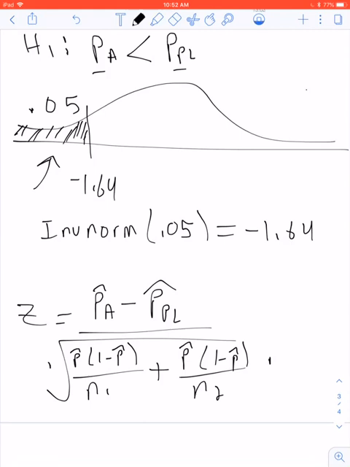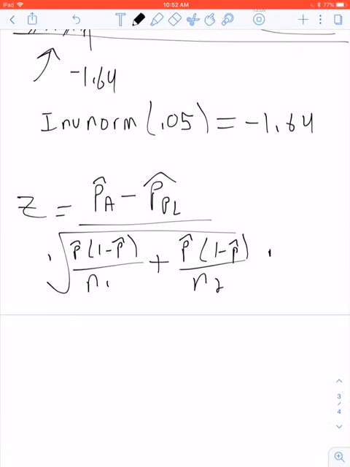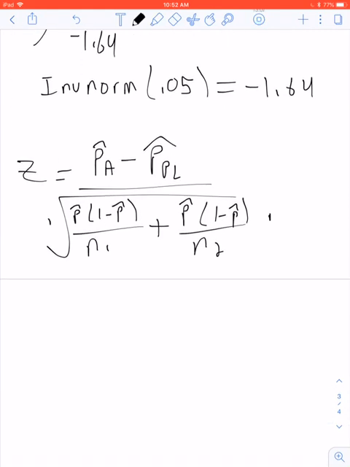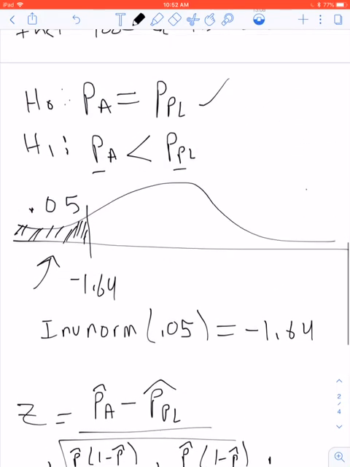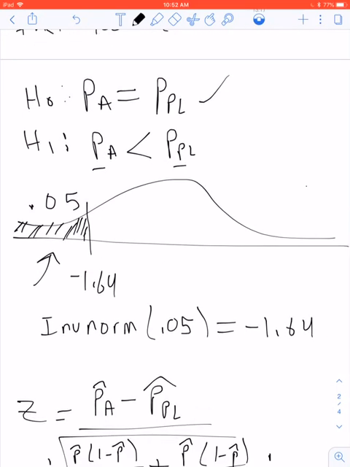And here is the issue. When we run these tests, we're always running them assuming that the null hypothesis is true. And then we make our decision based on the evidence that we get from the test according to the fact that this is a true statement.